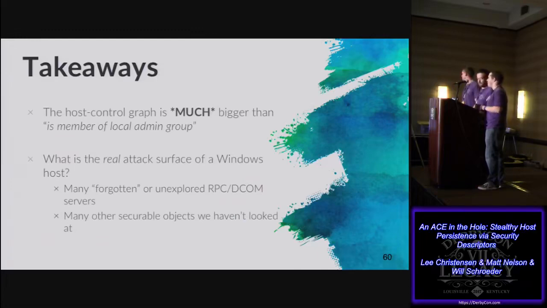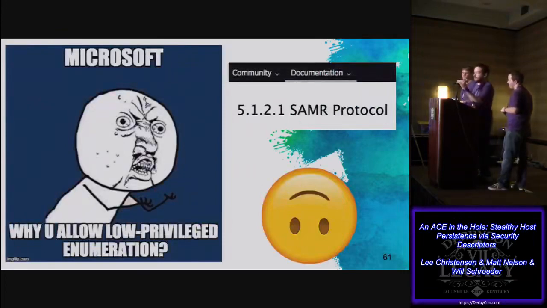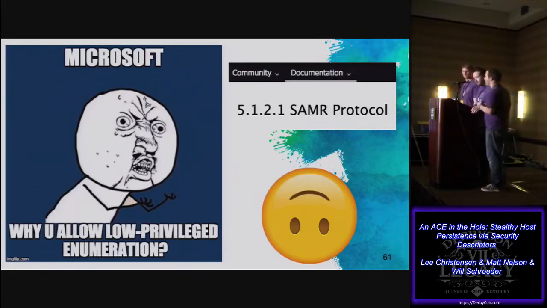One of the things we really learned about was what is the real attack surface of Windows. There are so many different services and RPC servers that we have either forgotten about, are unaware of, or are undocumented, that I'm really excited to start digging into. There are also several securable objects that we haven't even touched on yet. So there's a lot of research left to do.